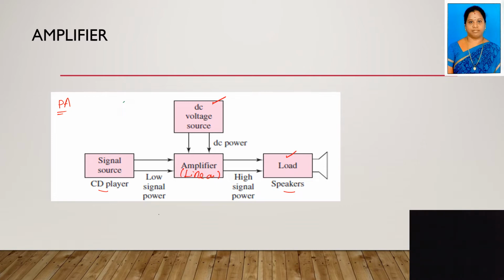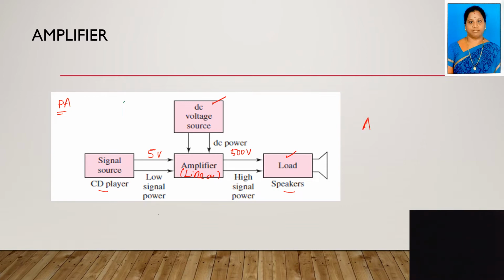Okay. So here why we need the DC source means from the DC source only we are getting the power. The signal will be superimposed on the DC signal so that it will be amplified, right? For example, if you are giving 5 volts at the input side of the amplifier, if you are getting 500 volts, the amplification, that is gain, is nothing but the output by input, right?